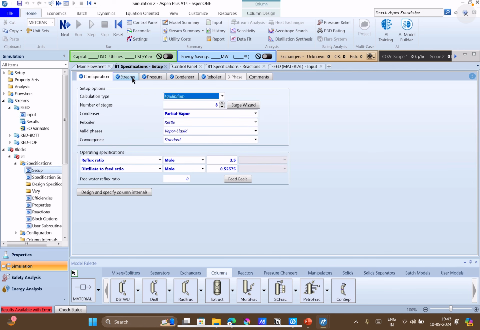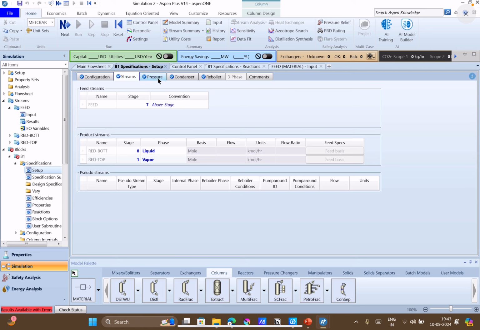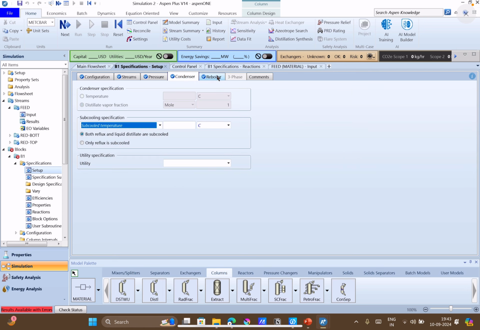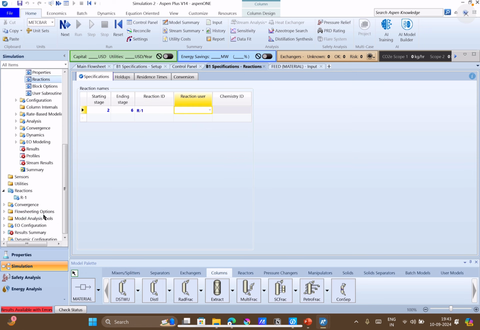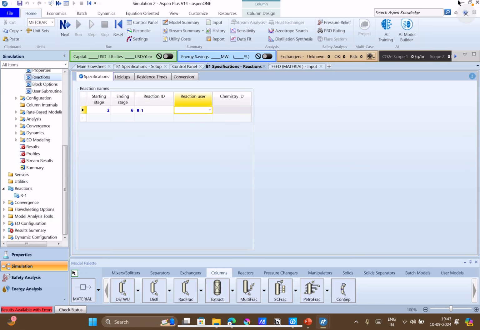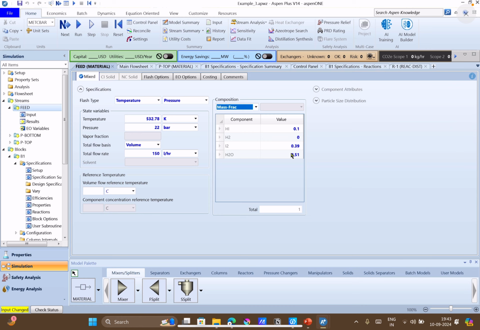Stream, condenser. Okay, let me check this, and I will update you maybe in the next lecture on why this error has come. Or else I will share this example 3 file. Let me know if you are getting the same error, because I have already done this example with the provided parameters and it was working well. Okay.